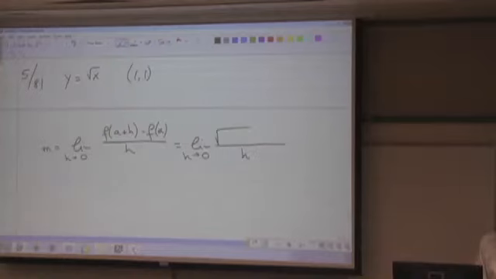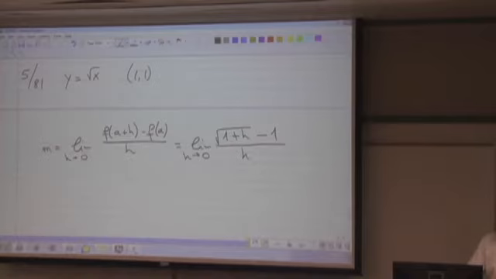Square root of, and a is 1, so 1 plus h, minus 1. Anybody remember this? From 2 days ago, anybody remembers this? This is a problem in your quiz.